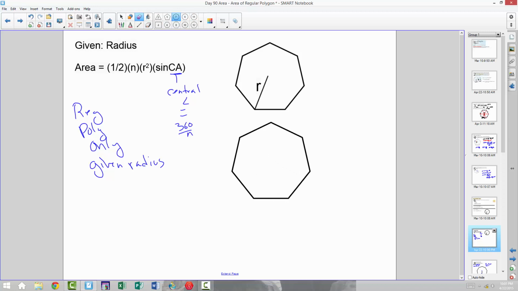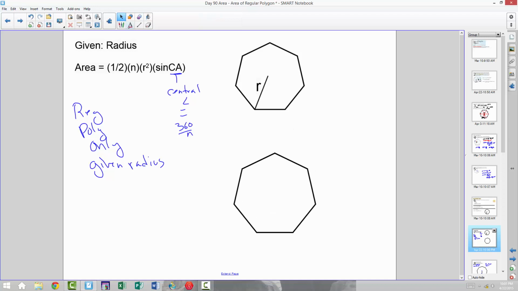We'll do a septagon, 7-gon. So I have 7 sides, so this is a regular 7-gon. So all sides are equal, all angles are equal, and I'm only going to give you a radius. And a radius goes from the center to the vertex of an angle that is created by 2 sides. So here's my center. I'm going to give you a radius of 4, and that's it.